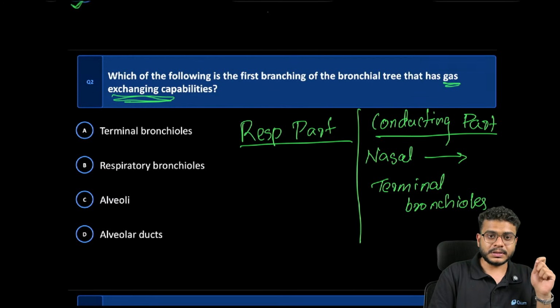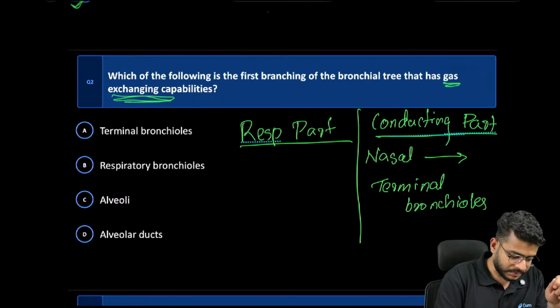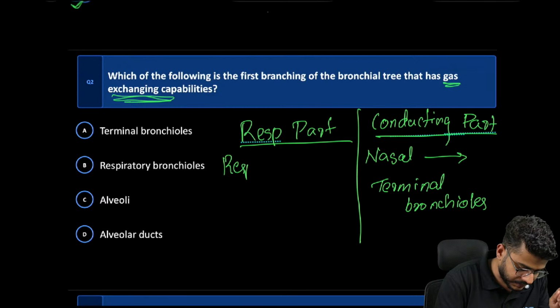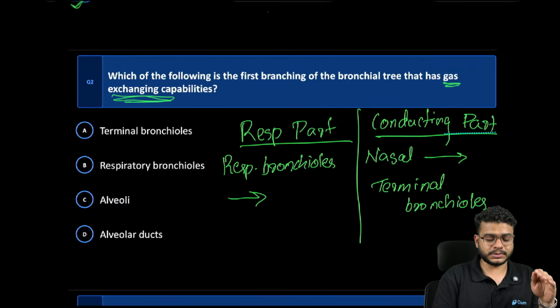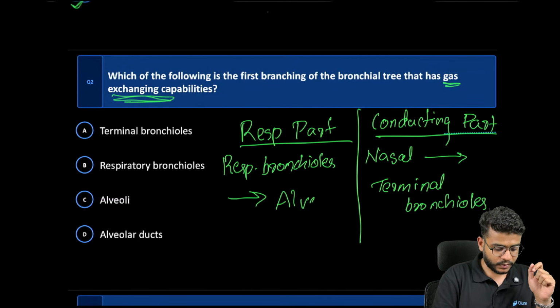From there, the respiratory part begins. It begins with the respiratory bronchioles, and continues through the alveolar duct, alveolar sac, and finally the alveoli.